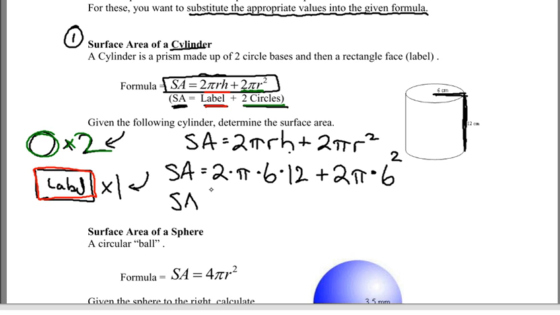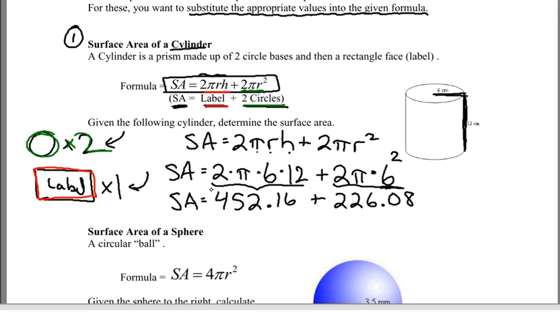Formula's given, know what each part of the formula represents from our shape, and solve it. Multiply before adding, so we get 2 pi rh is 452.16 when I round to 2 decimal places, plus the 2 pi times 6 squared, 2 times pi times, don't forget 6 squared is 36, 6 times 6, not just 12. And we get 226.08.